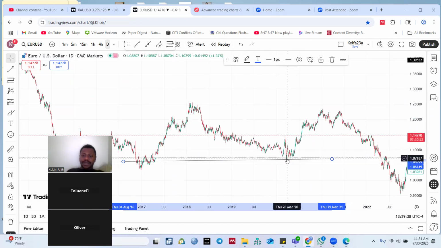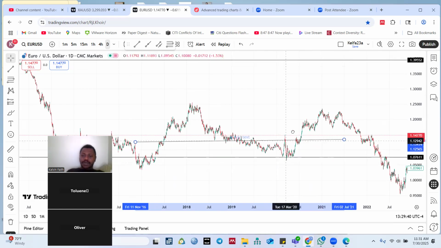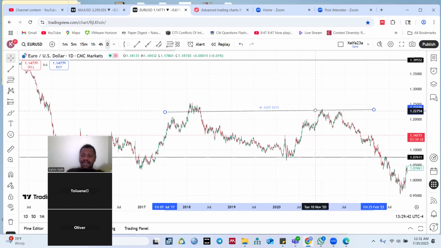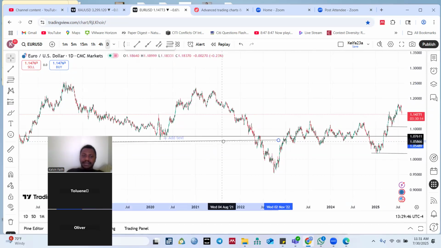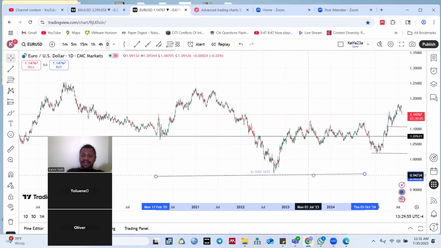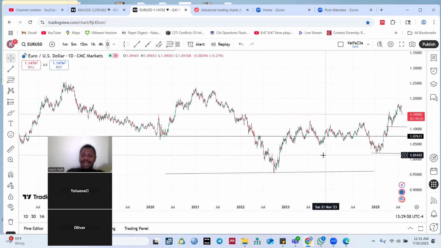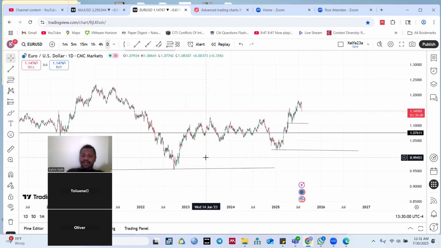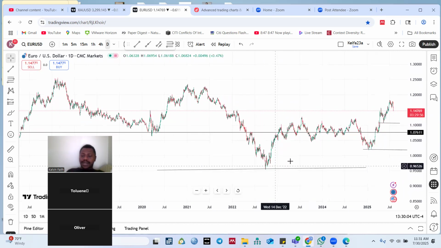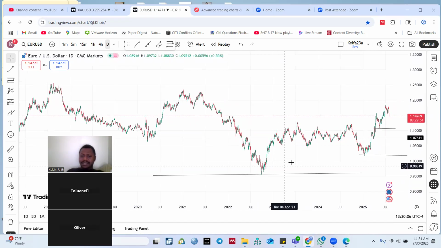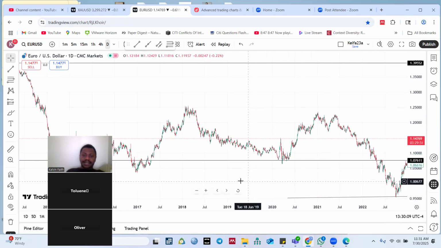This failed to give us a low, so it went up again to retest the same area. And then this time it gave us the break to the downside. So another break of structure. So we have two breaks of structure giving us this all-time low that I can see on the daily chart right now. So this is the lowest point that I can see on the daily chart from where I stand.